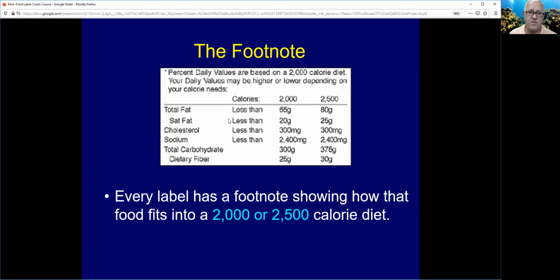And so if we look at this particular label, this macaroni and cheese had total fat of 65 grams, saturated fat of 20 grams, cholesterol less than 300 milligrams, sodium less than 2,400 milligrams, total carbohydrates 300 grams. Now, if you are limiting carbohydrates, 300 grams is a huge amount of carbohydrates. So you're going to watch those labels very carefully.